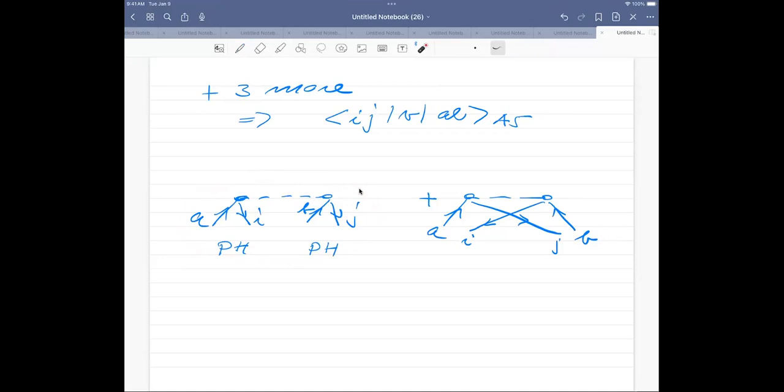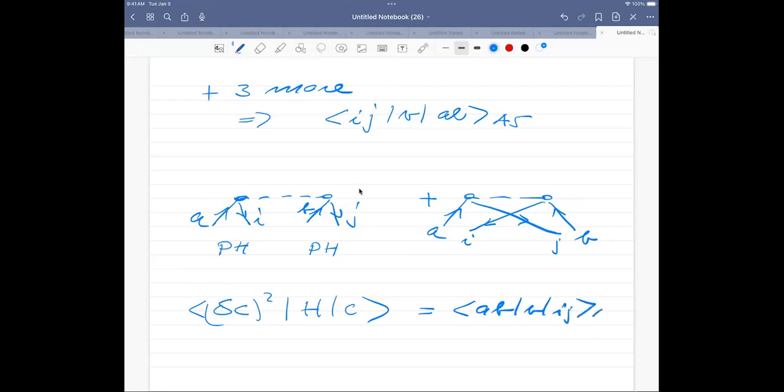Then it shouldn't come as a surprise. So I'm going to set up the final one, this delta C squared of H of C. So that has to be the Hermitian conjugate or the other one. And what you will see then is that this is going to give us A, B, V, and I J when you run through the algebra here.